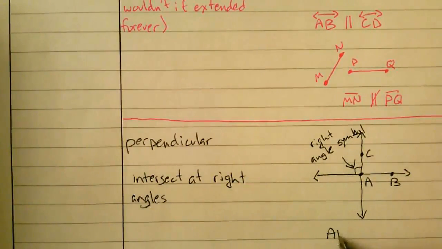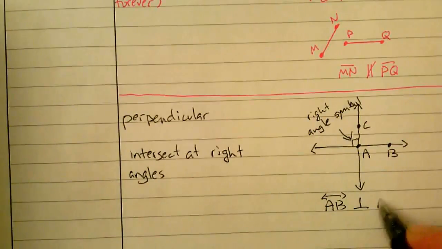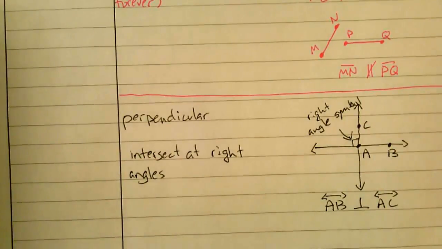And we would say that line AB, double-headed arrow there, and we use this upside down T, AC. Okay. So perpendicular to.